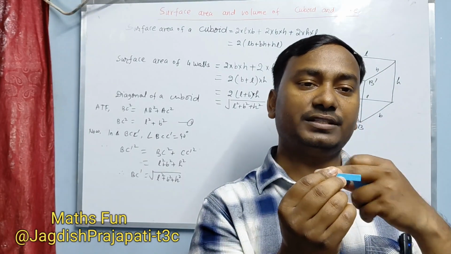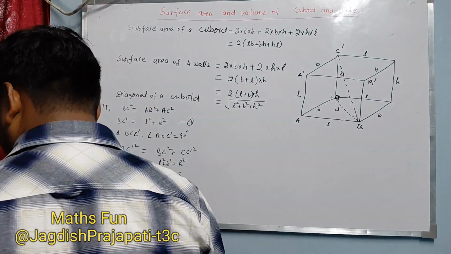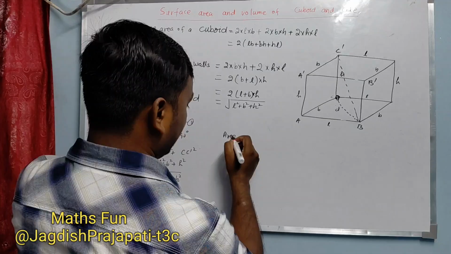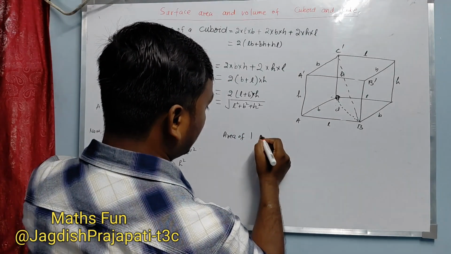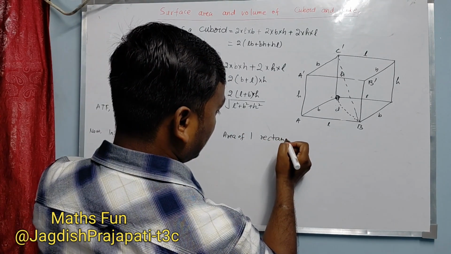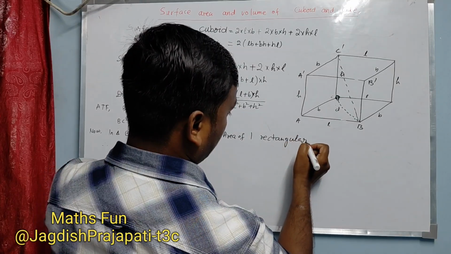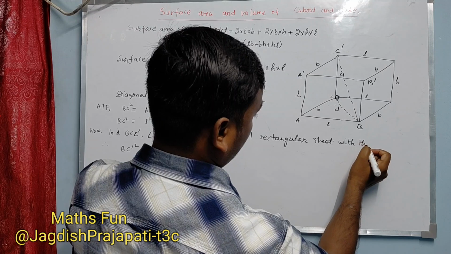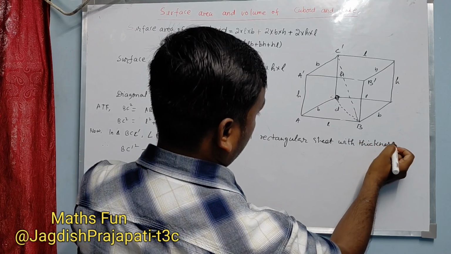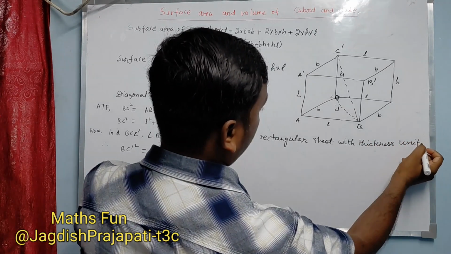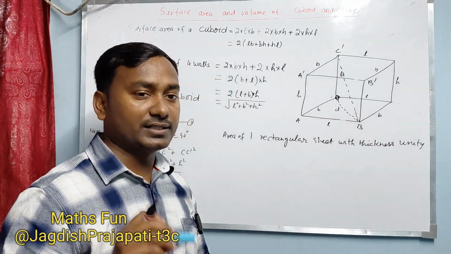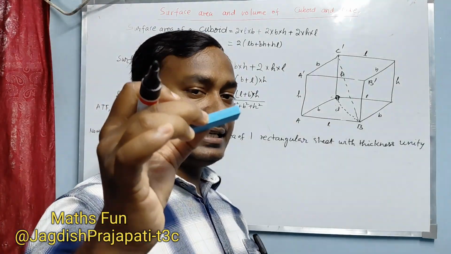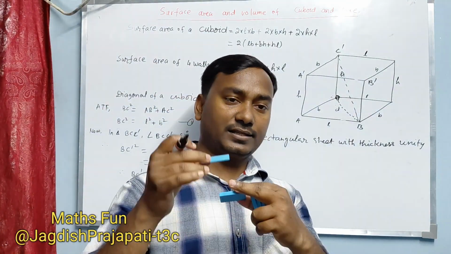L into B. So that will be the area of one rectangular sheet with thickness unity. Unity means its thickness is 1 unit. Or instead of saying sheet, you can just say this is a layer.